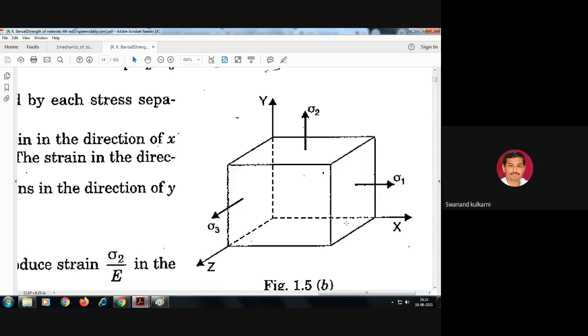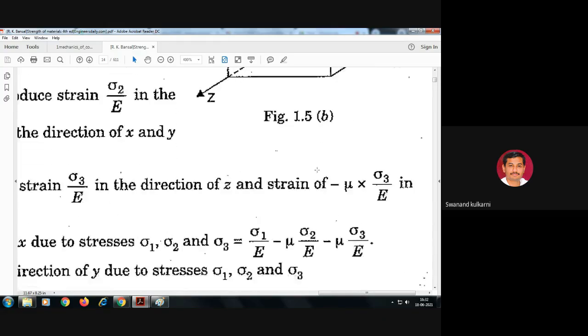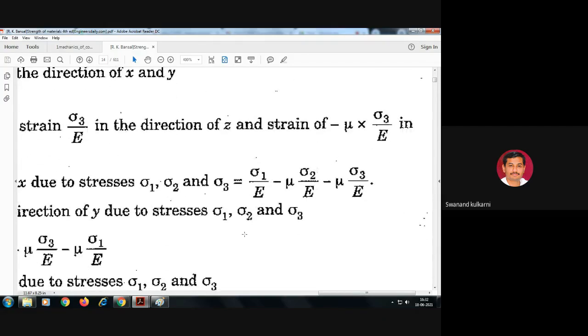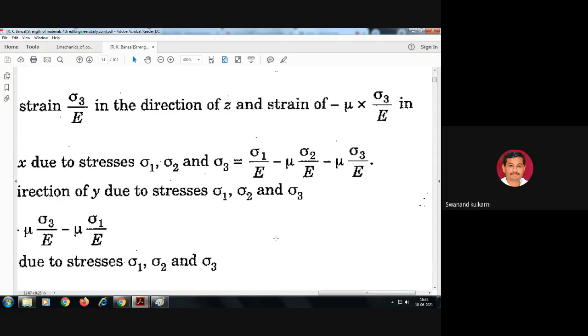That's why the effect of these two tensile forces in the direction of X will be to shorten the length. But the effect of P1 is to increase the length. So the length will increase due to the effect of P1, but it will decrease due to the effect of P2 and P3.